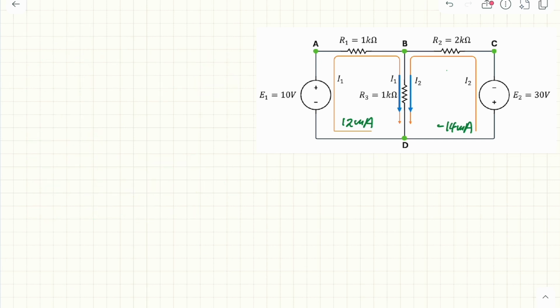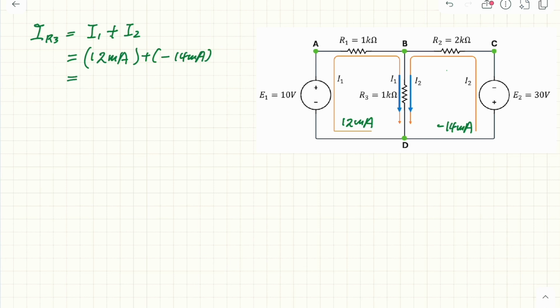Let's calculate the current passing through R3. So R3, this is two currents. One is I1 plus I2. I1 is 12 milliamp and I2 is minus 14 milliamp.